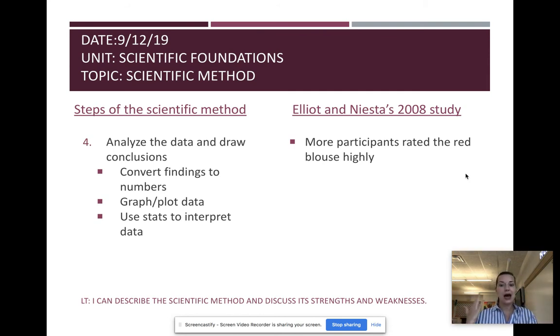So which one was higher? They might graph the data. We're going to do some work with that. They might use statistics to interpret the data. We're going to do some work with that too. So you'll understand all these ways of analyzing data when we're done with this unit.